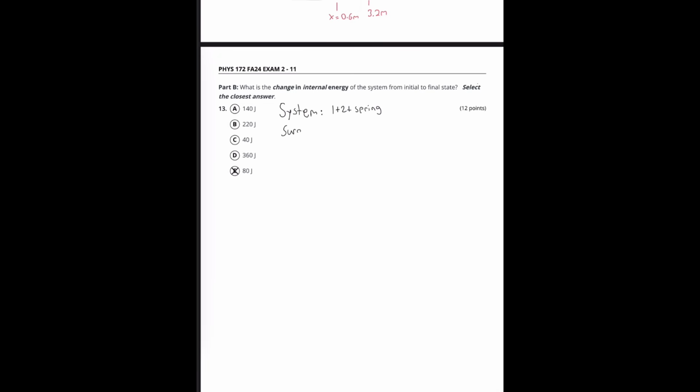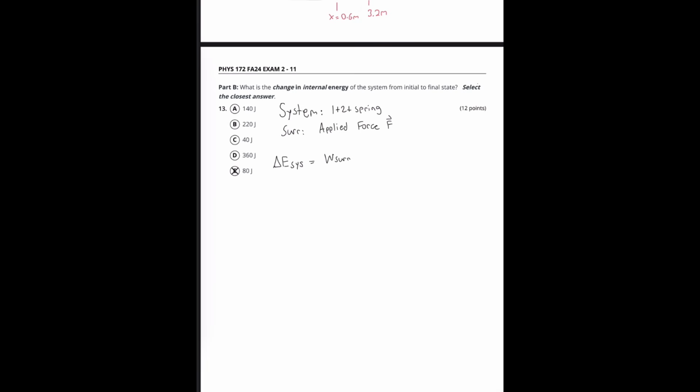And our surroundings are the applied force that's acting to the right. So from that we can say the change in energy of the system is equal to the work done by surroundings.